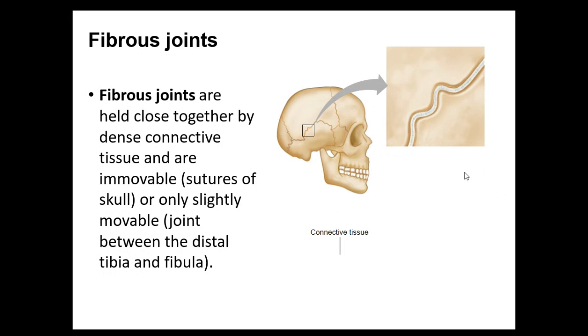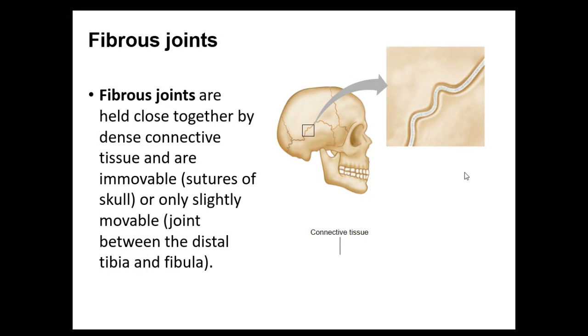Sutures that hold between the frontal bone and parietal, and between the left and right parietal. Those are sutures, and they're held together by this dense connective tissue. Thin layers of dense connective tissue, and eventually they fuse together as one solid.